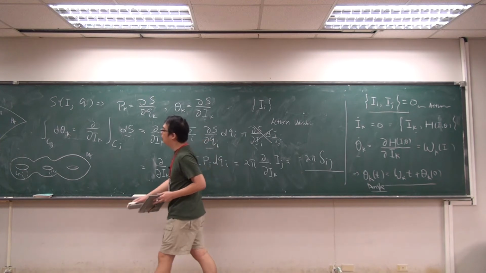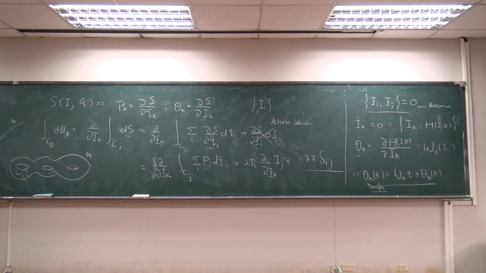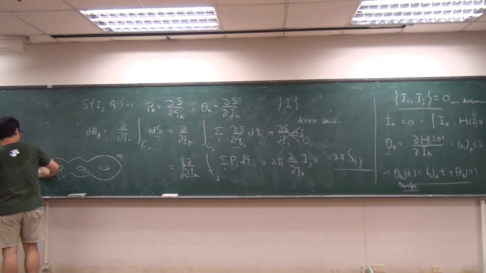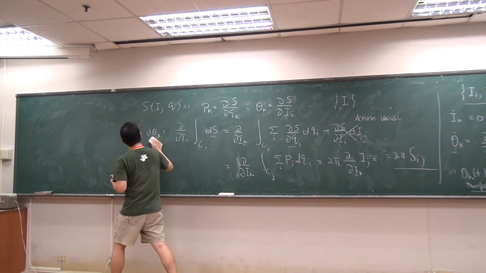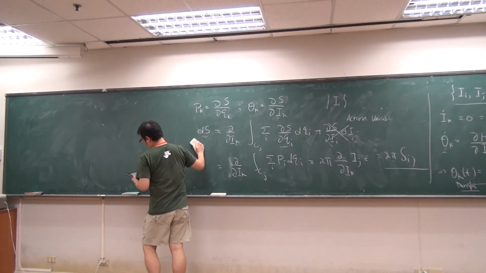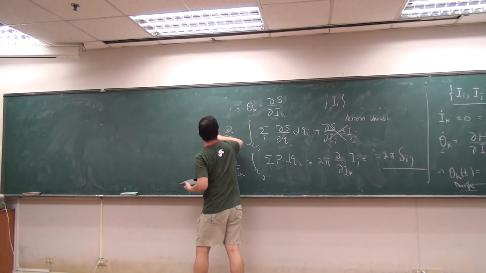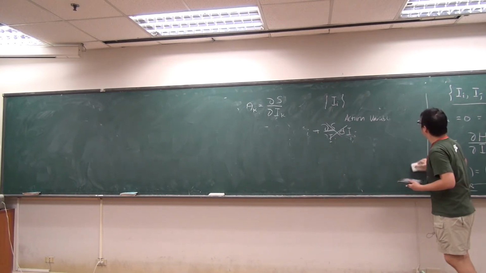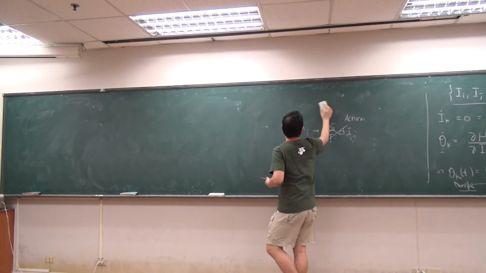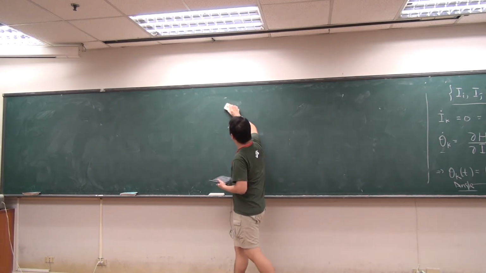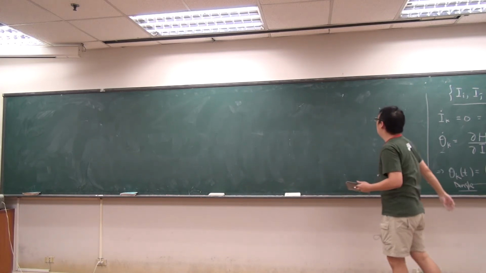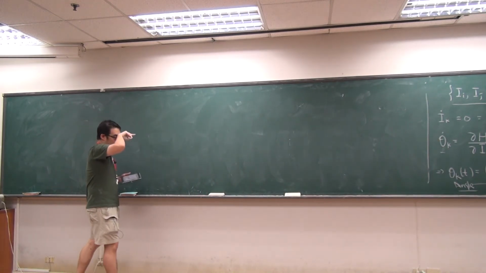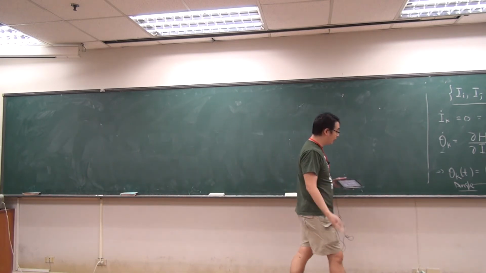Okay, so I'll give an explicit example of what those are. So far I've been stressing the importance of those commuting conserved charges in a dynamical system and establishing an integrable system.